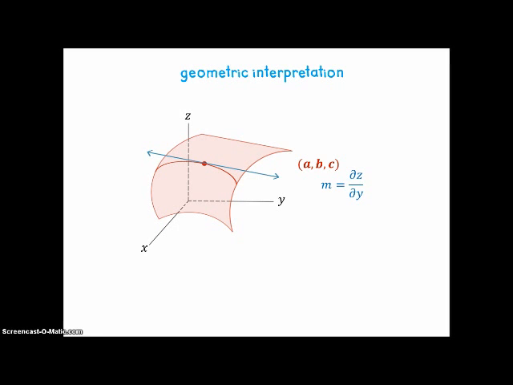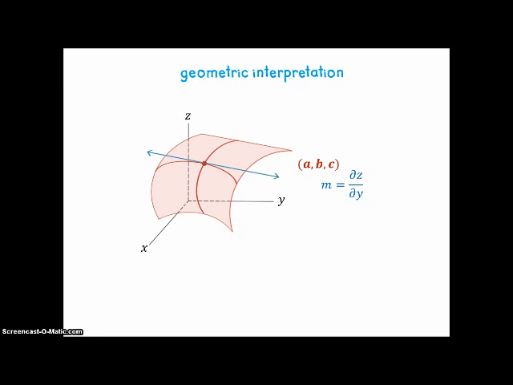Now, the slope of that tangent line is the change in z with respect to y, because it's as though we're ignoring x and just drawing a curve on the YZ plane, or parallel to the YZ plane, and therefore it's a change in z with respect to y. But we use the partial derivative symbol because we're really referring to a function in x, y, and z.